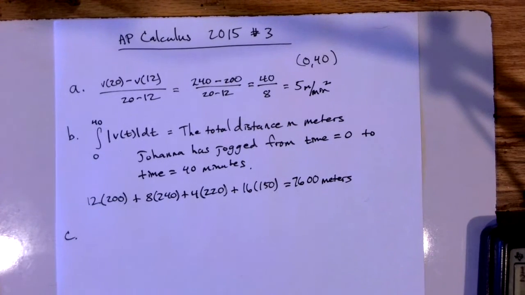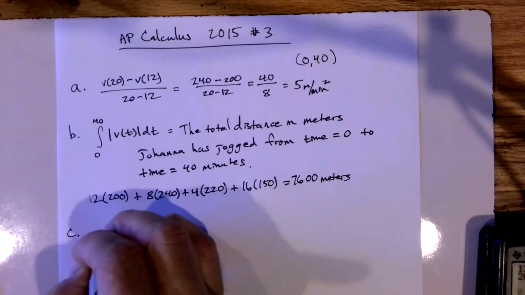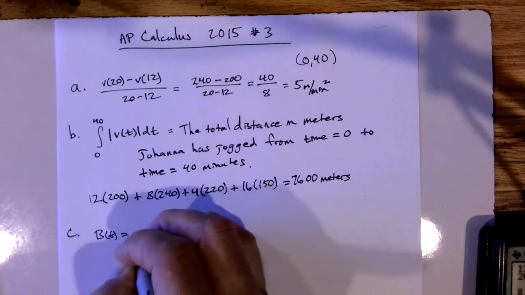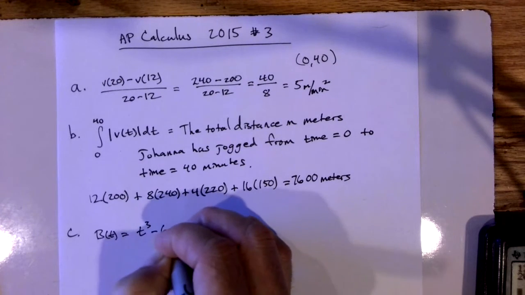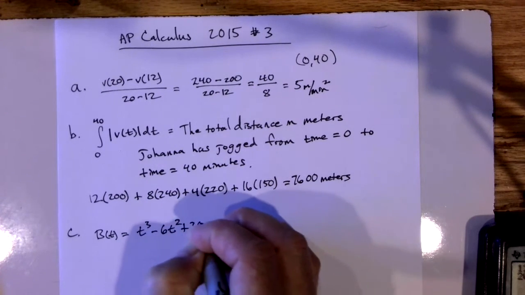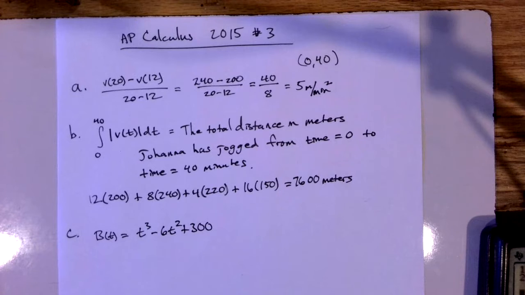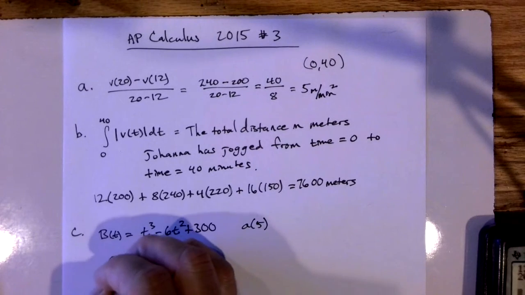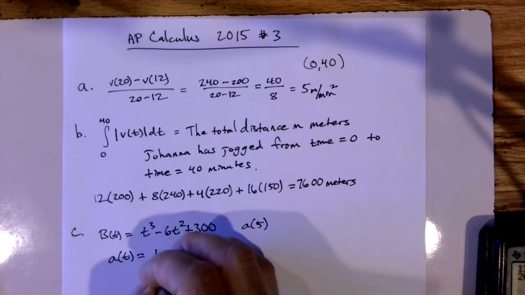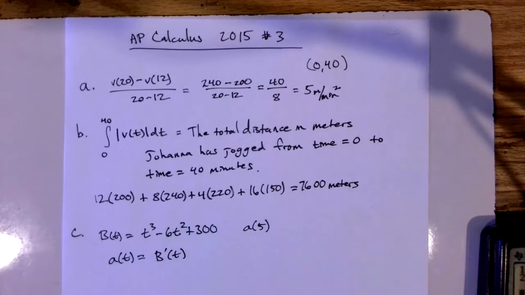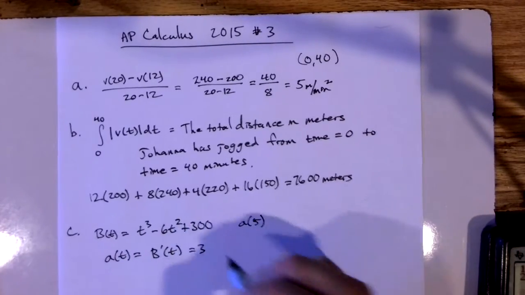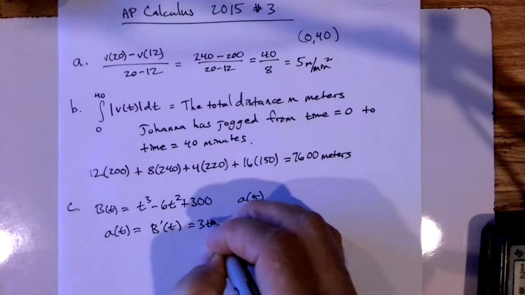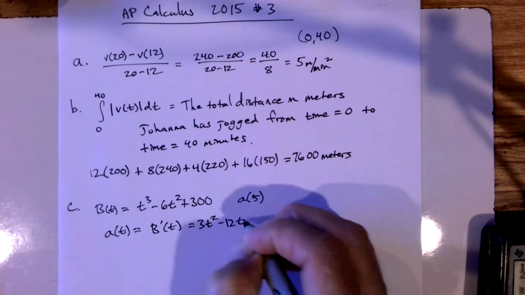Part C says Bob's riding a bicycle. So now we got Bob entering the picture. And his velocity is B of t is equal to t cubed minus 6t squared plus 300. And it says find Bob's acceleration at time equals 5. Well, acceleration of time is equal to the derivative of his velocity function, which is going to be 3t squared minus 12t.